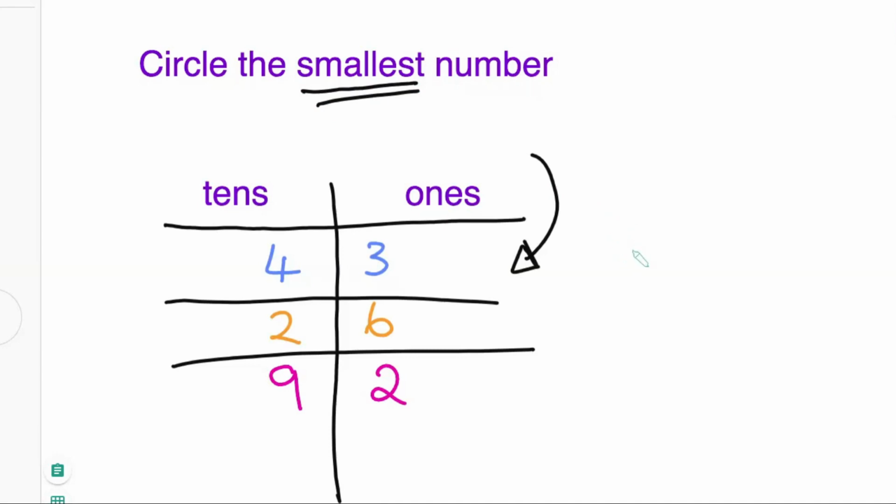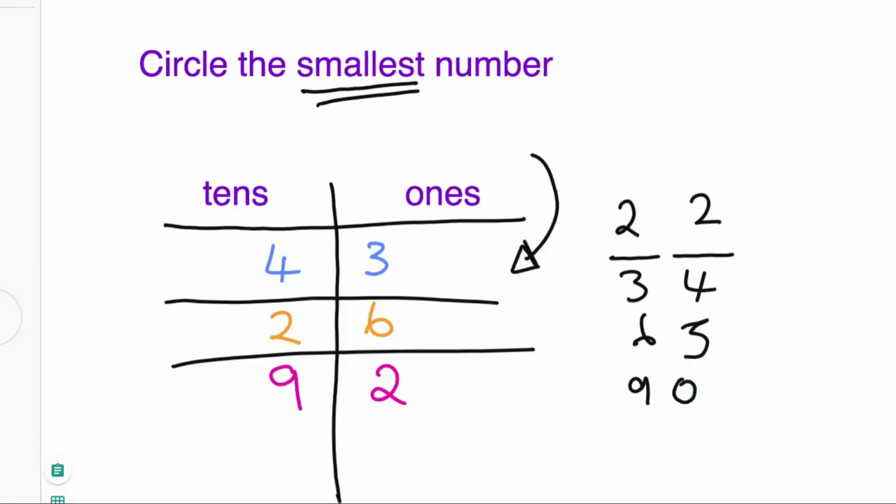So remember, if we have a two-digit number, so any number that has two numbers within it, so for example, it could be 22, 34, 65, 90, any number which has two digits.